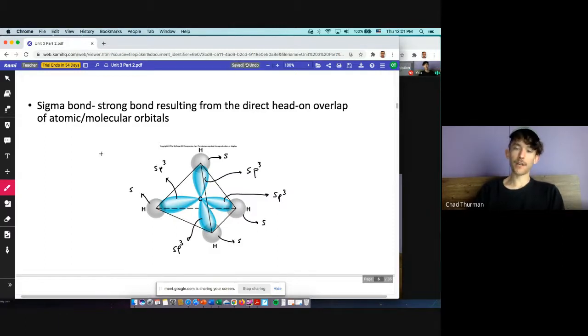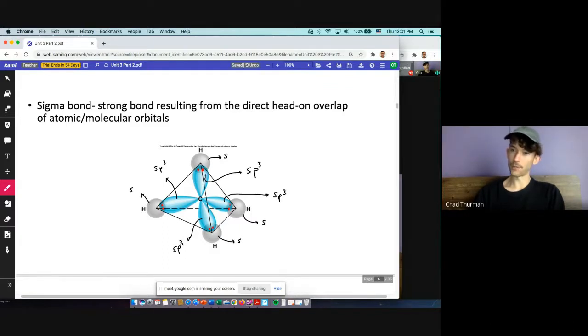So a sigma bond is now a single bond. We're still saying it's a shared pair of electrons. That's still what a covalent bond is. But sigma is specific about how it shares those electrons. Those electrons are going to be trapped where the orbitals overlap. Because remember what an orbital describes? It describes where the electrons are probably located.